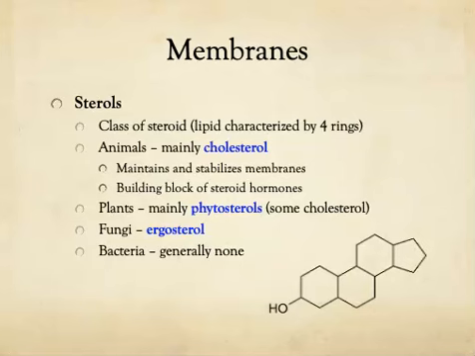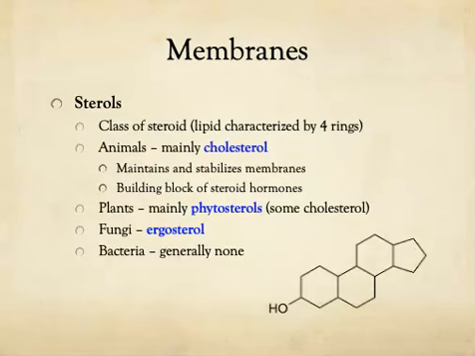Plants don't have cholesterol, which is part of the reason that, again, when human beings get in trouble consuming too much cholesterol, they're often told to limit the amount of animal products that they're eating and instead start eating more plant-based products. That's because there is no cholesterol in plant membranes.